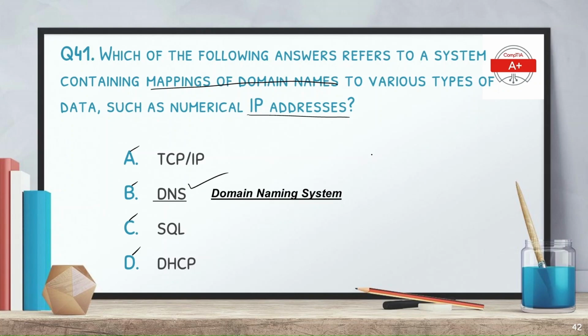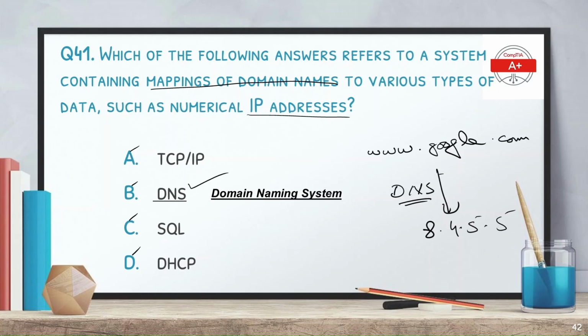DNS basically translates domain names such as, let's suppose, google.com to an IP address. Let's suppose the IP address of Google is 8.4.5.5. This translation is done through DNS, the Domain Name System.